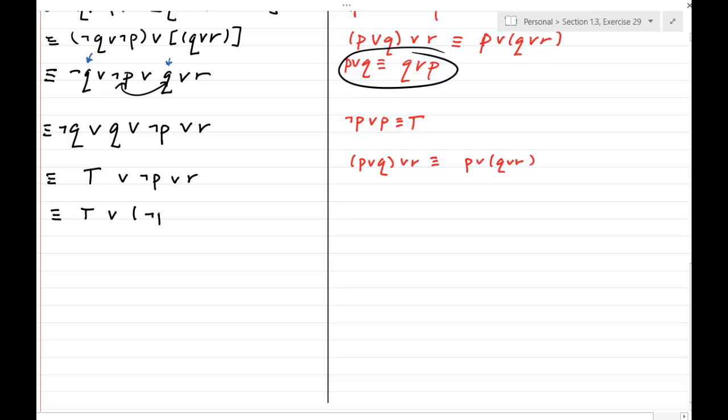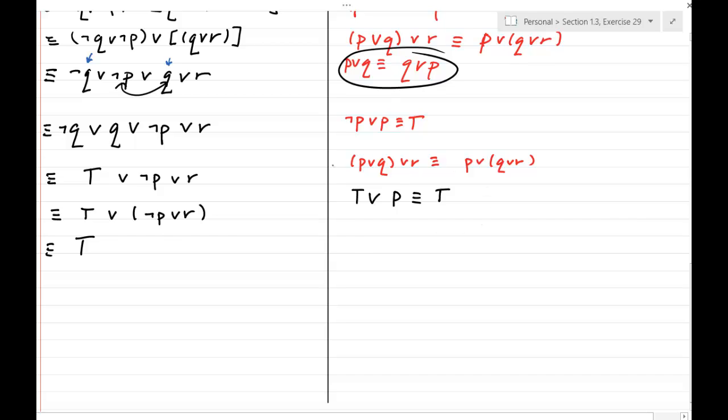Think about it like one. So if I take true or anything, any compound proposition P, that's going to be true. So we are done, okay? Because I've got true or.